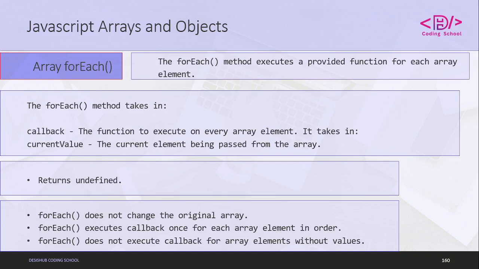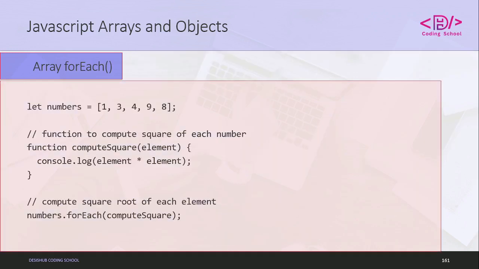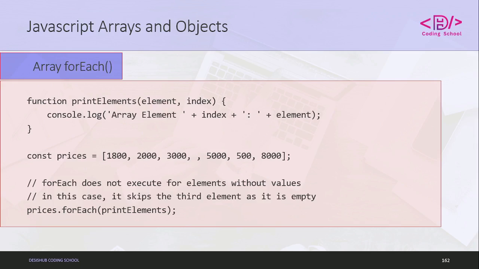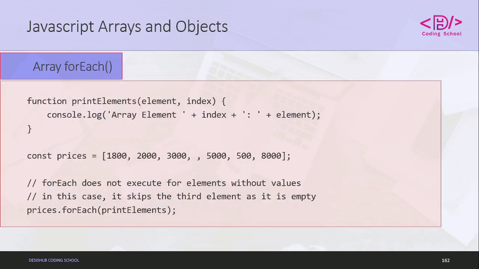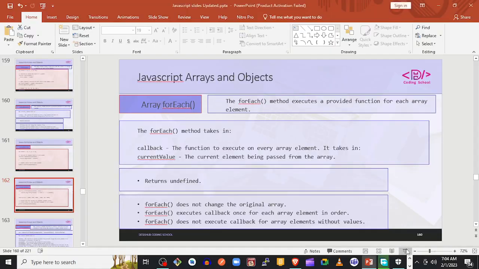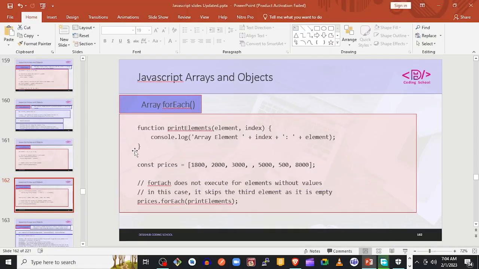I think the only difference is that one modifies the original array, and the other doesn't. If you know the map method, you will find that you also know the forEach method. It is very easy to use.